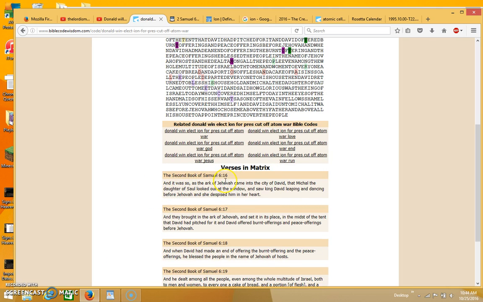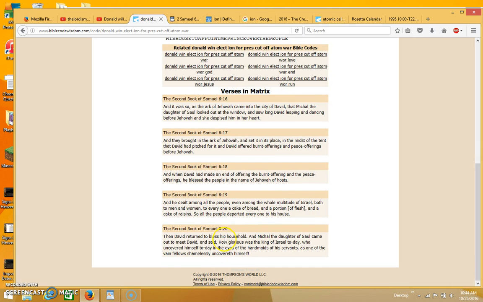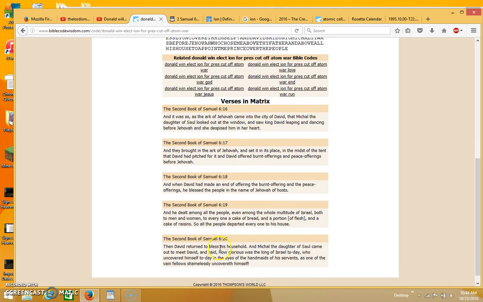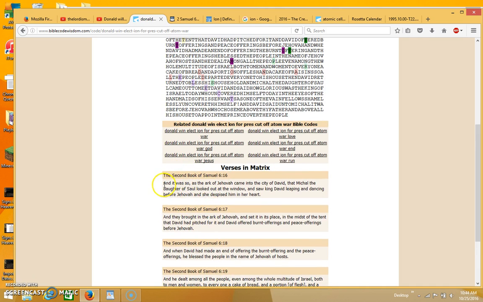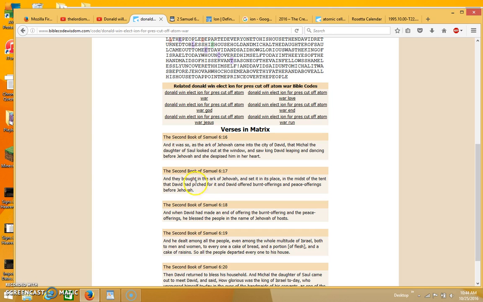But over here, starting with verse 16, going through verse 20 in the second book of Samuel, it reads, "And it was so, as the ark of Jehovah came into the city of David, that Michal, the daughter of Saul, looked out the window and saw King David leaping and dancing before Jehovah, and she despised him in her heart. And they brought in the ark of Jehovah and set it in its place in the midst of the tent that David had pitched for it.